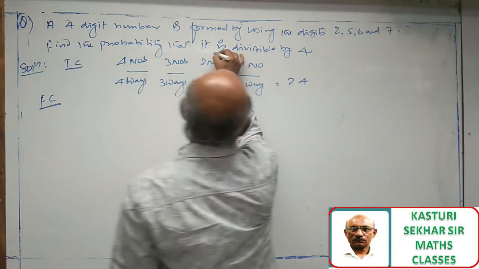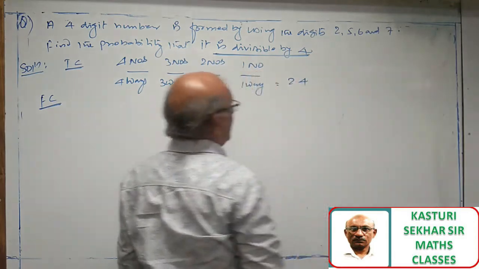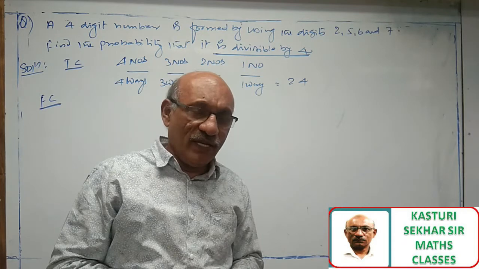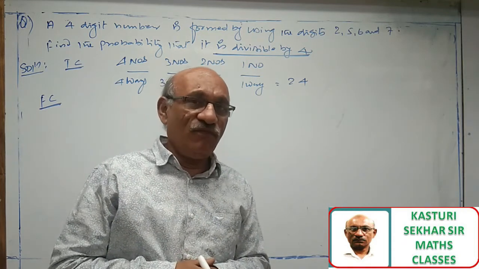Now for favorable cases there is a condition. What is that condition? The number you are forming is divisible by 4.